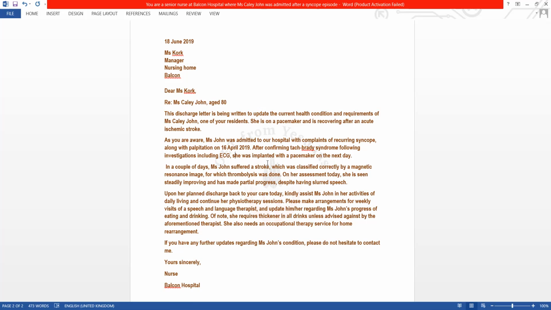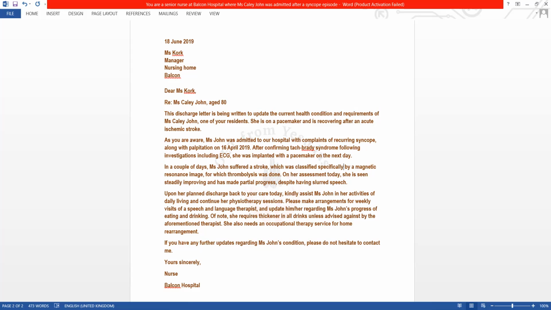The next paragraph, we are dealing with the stroke. In a couple of days, that's on 19th, Ms. John suffered a stroke, which was classified, I can say specifically instead of correctly, by a magnetic resonance image, that is MRI, for which thrombolysis was done.